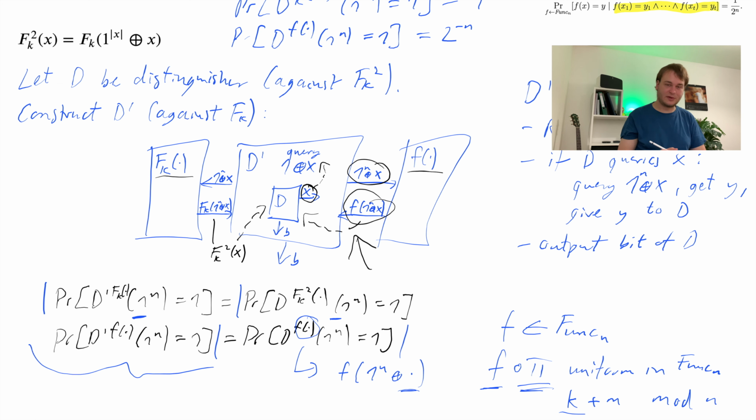So for the distinguisher d prime that we constructed, this has negligible distance, meaning that also this has the same negligible distance. And this concludes the proof, because we started with an arbitrary distinguisher d, and we ended up showing that the distinguishing advantage of this arbitrary distinguisher d is negligible. So we know that fk2 is a pseudo function.